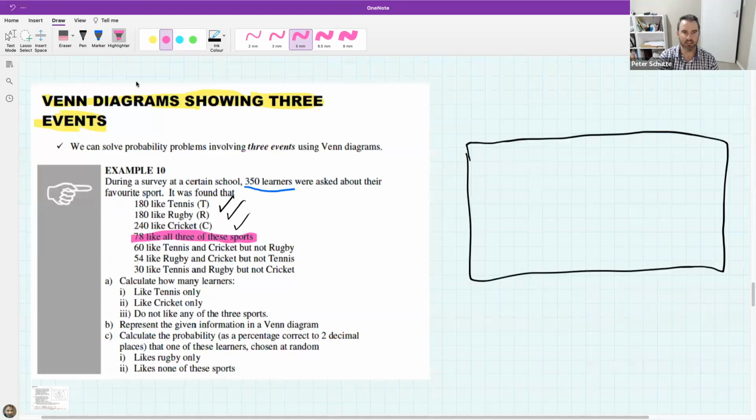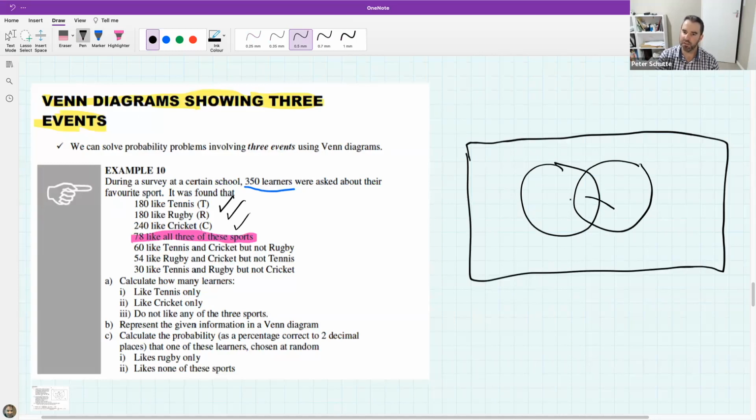Now, what that means is that when I draw my Venn diagram, I have to have a region where all 3 overlap. So I'm going to start by labeling this T for tennis, R for rugby, C for cricket. And I'm going to start by putting 78 in what we call the intersection, because they've told me that.